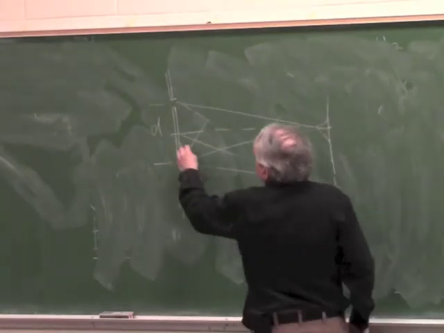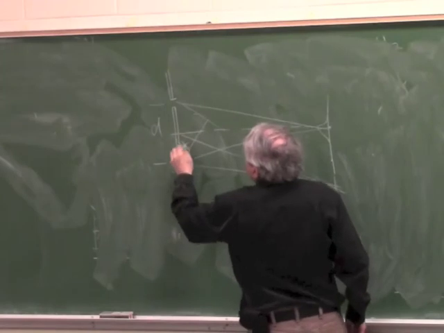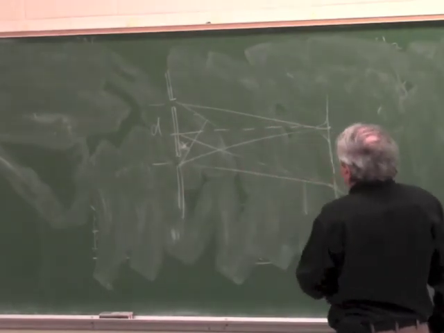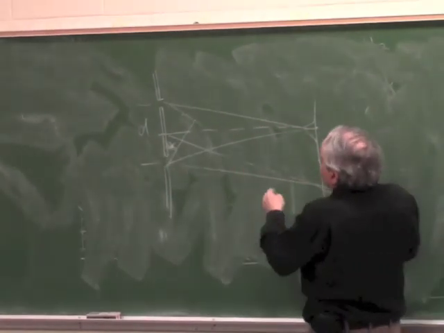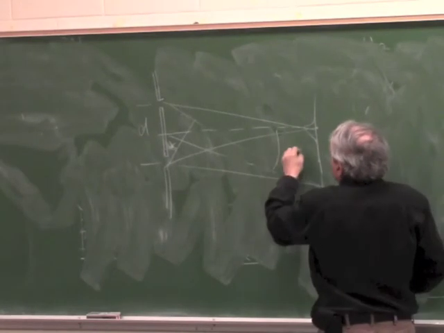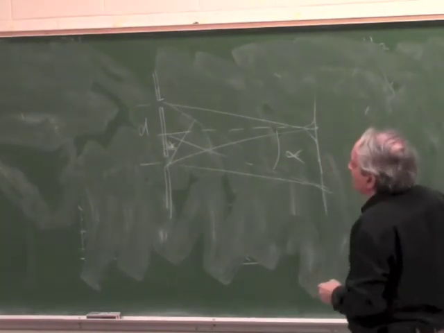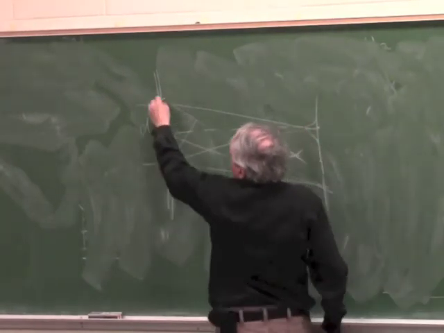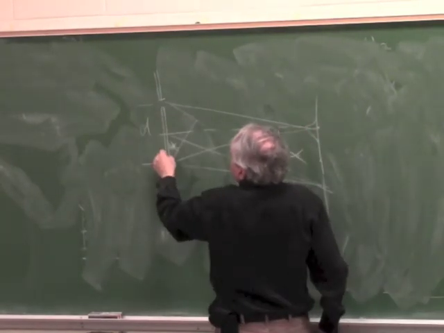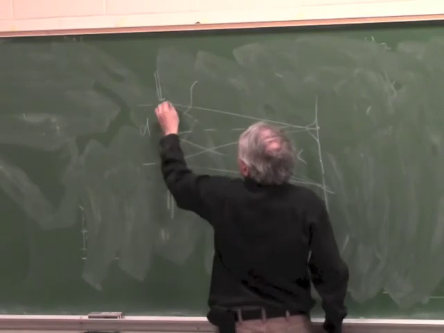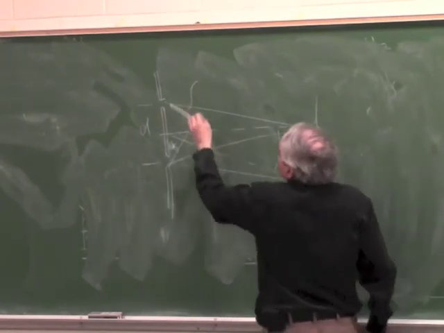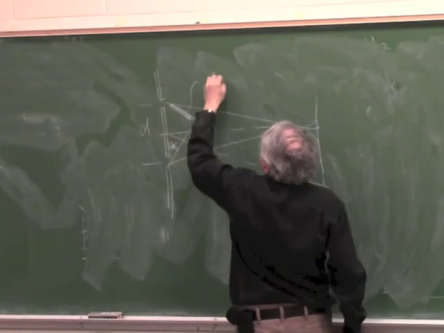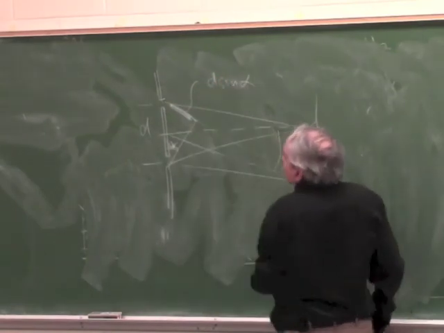So this angle is equal to this angle, alpha. So the path difference, if this is d, this little thing, which is the path difference, is d sine alpha.